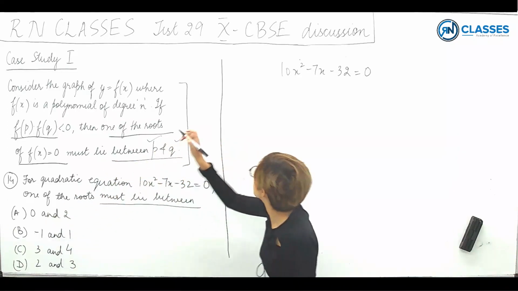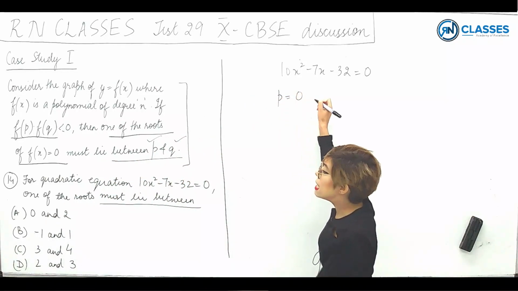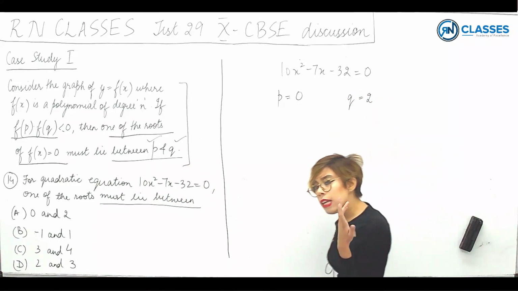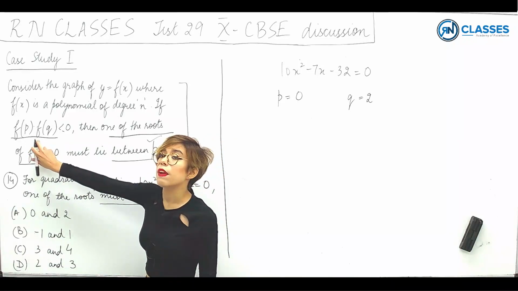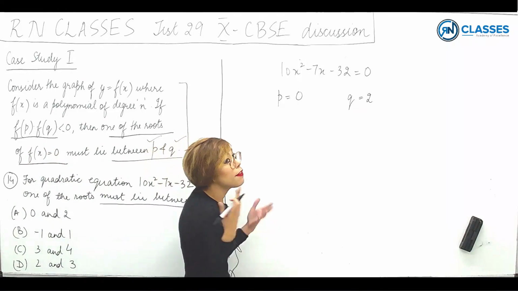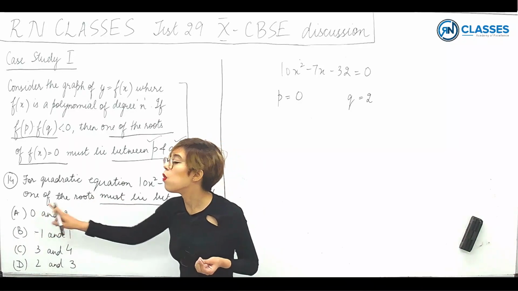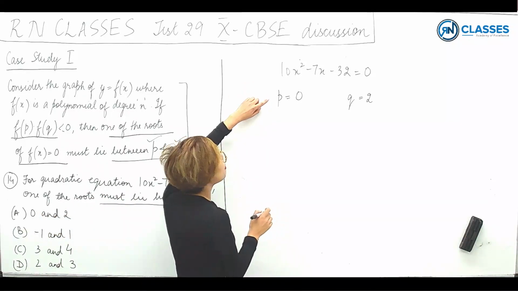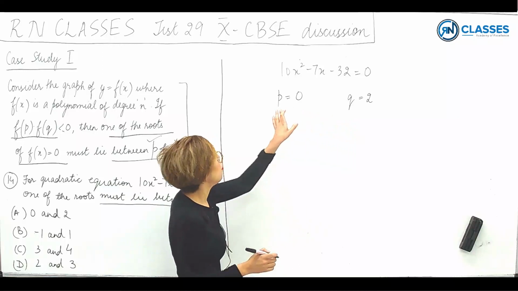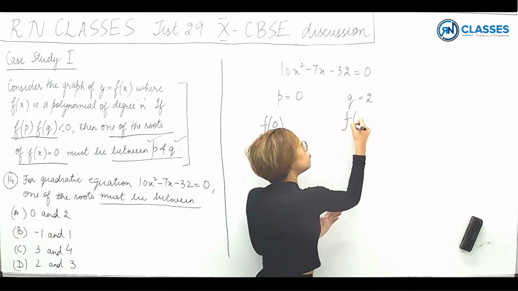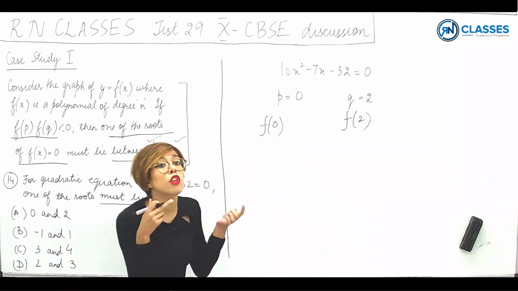So मैं p को ले लेती हूँ 0 and let's take q as 2. Right? And let's check whether this is satisfied or not. Because if it is, then I can say definitely the root will lie between 0 and 2. So, f of p into f of q check करना है. पहले f of p निकालते हैं, as in f of 0, then f of 2, फिर इनके प्रोडक्ट का साइन चेक कर लेंगे.